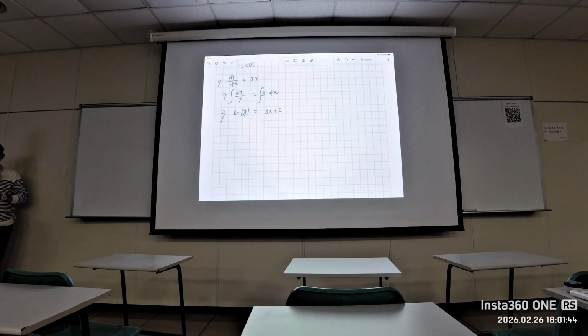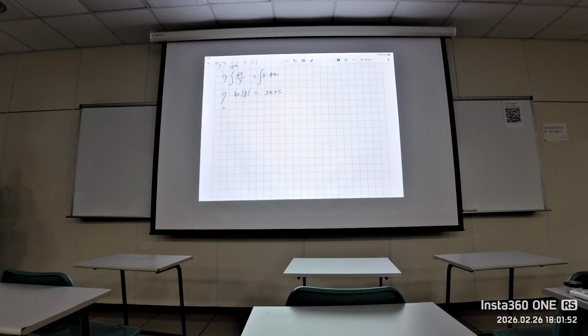Is it making sense? Then what is my next step? I need to find the general solution, that is y is equal to how much? The constant c e to the power 3x. Yes. This one is my general solution.